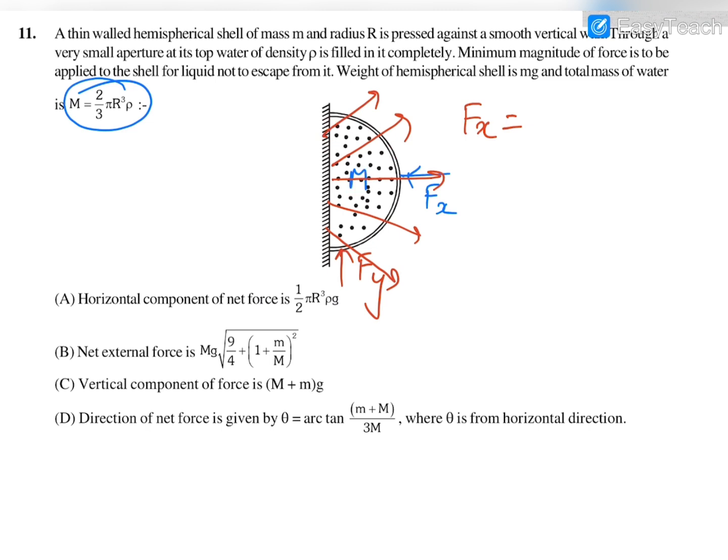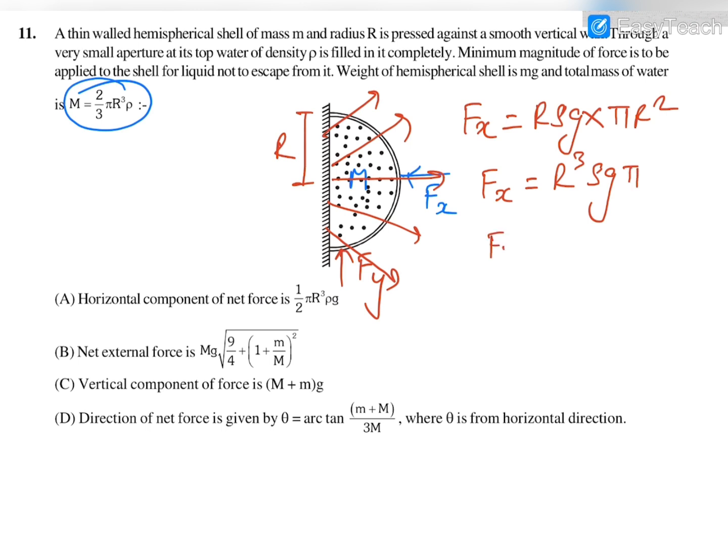And we can easily find out that force by calculating the pressure at the center of mass. So pressure at the center of mass will be r rho g multiplied by the area of the shell, which is pi r square. So Fx we can say is pi r cube rho g. Okay, and we can also write Fx as 3 by 2 mg by using this value.